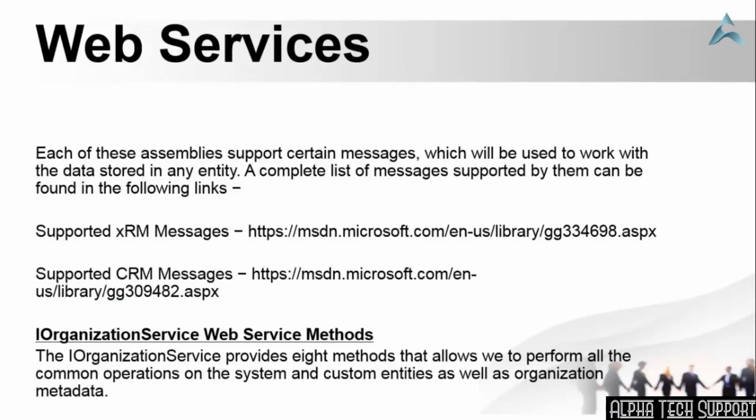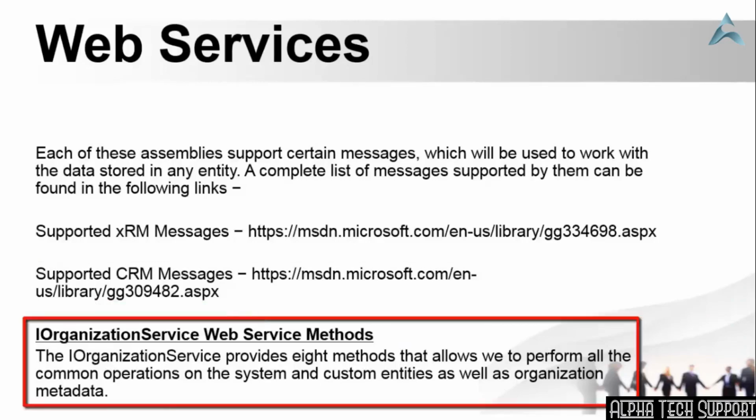Now let's again understand the IOrganizationService web service methods. The IOrganizationService provides 8 methods that allow us to perform all the common operations on the system and custom entities as well as organization metadata.